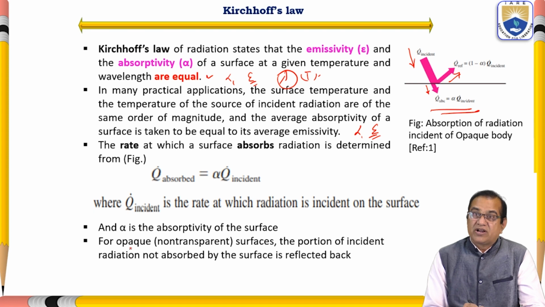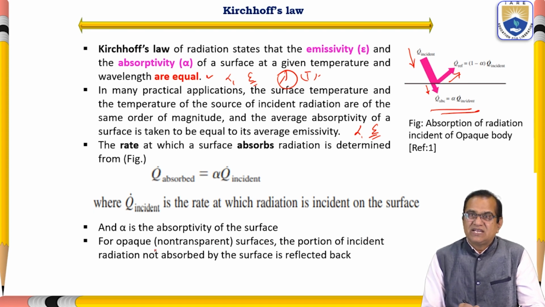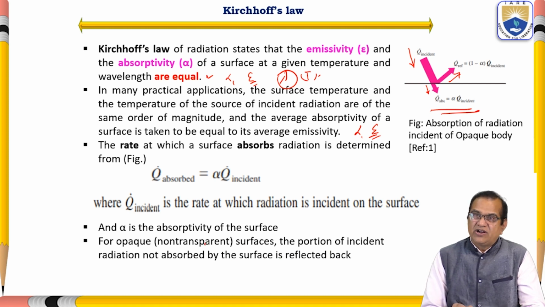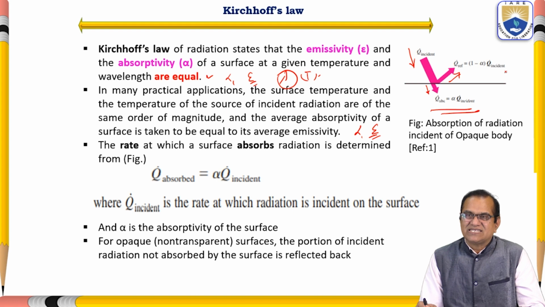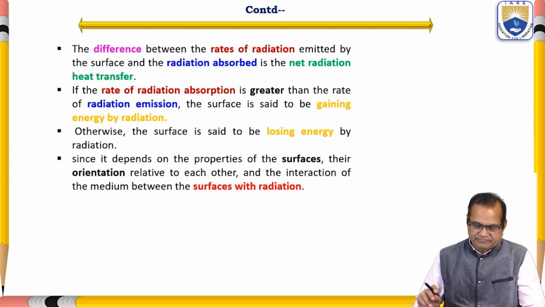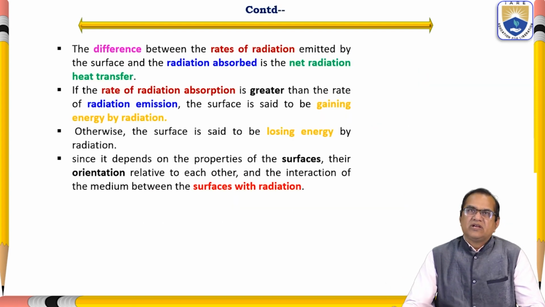For opaque or non-transparent surfaces, the portion of the incident radiation not absorbed by the surface is reflected back. So Q dot reflected is equal to 1 minus alpha, since alpha is absorbed and the total is 1, so 1 minus alpha into Q incident.